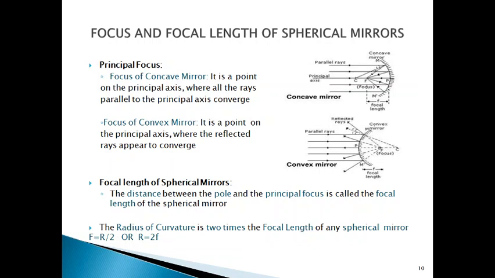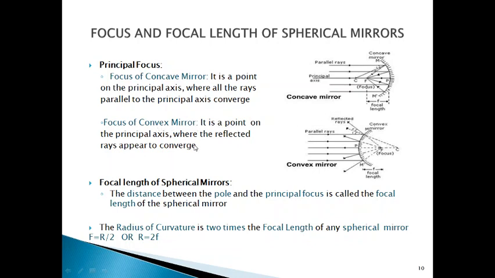Now see, we have already studied the real image and the virtual image. You can see that all the parallel rays of light actually meet at one point, that is the focus. So a concave mirror has a real focus. Now let's see the focus of a convex mirror.